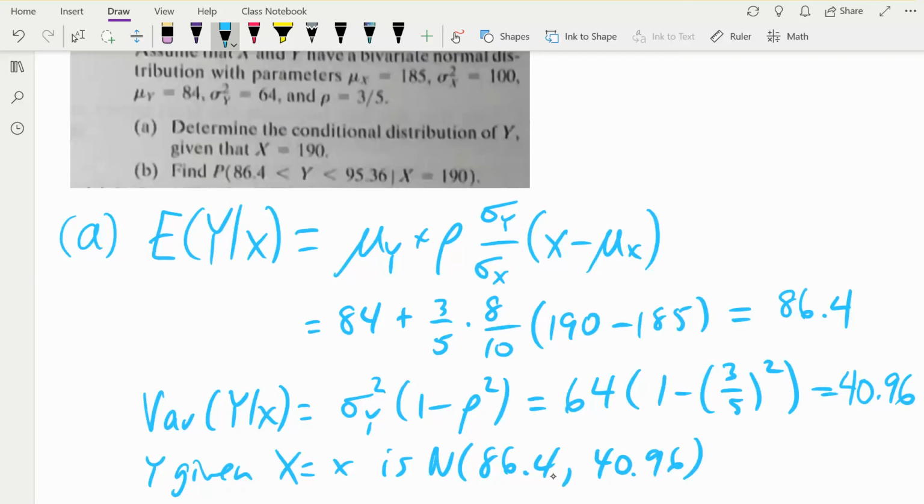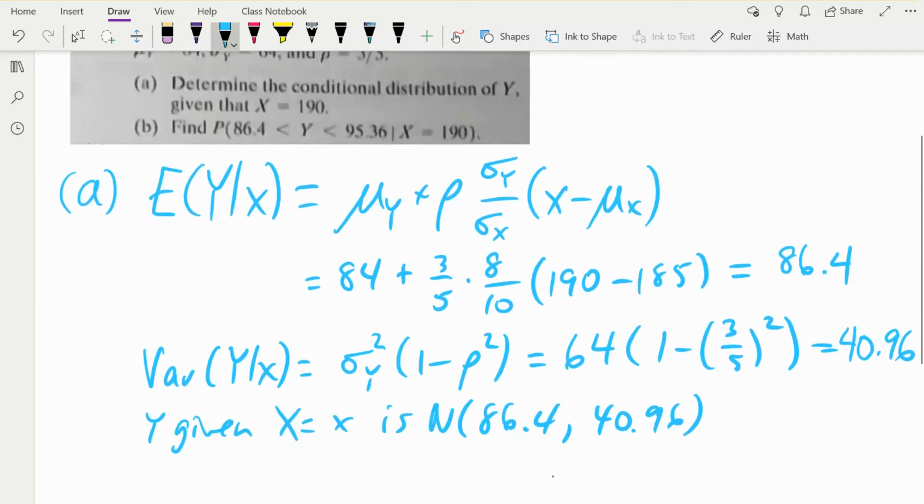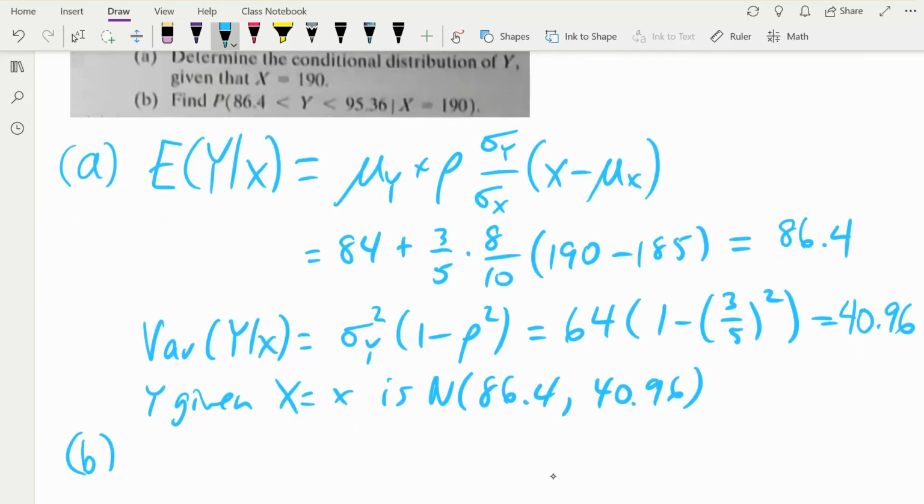So that gives us our answer for part A. That makes sense? How would we attack part B then, where it asks us to find the probability that 86.4 is less than y is less than 95.36 given x equals 190.